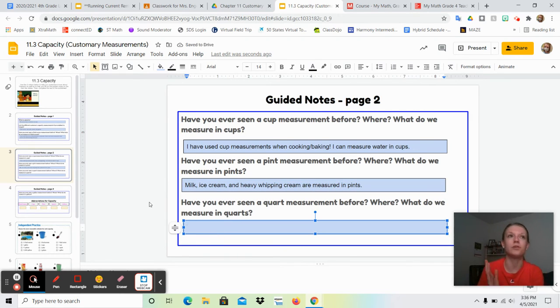A pint of ice cream, that's super popular. Have you ever seen a quart measurement before? Ice cream again. So yes, I've seen a quart of ice cream. Now, unfortunately, I don't have a quart of ice cream, but I did have a gallon. Rats, I should have brought that up here.